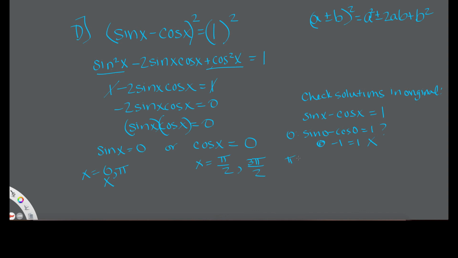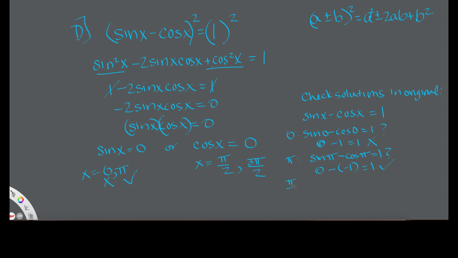How about pi? Sine of pi minus cosine of pi. Does that equal 1? Well, the sine of pi is 0. The cosine of pi is negative 1. And that does equal 1. So that's okay. So pi works.